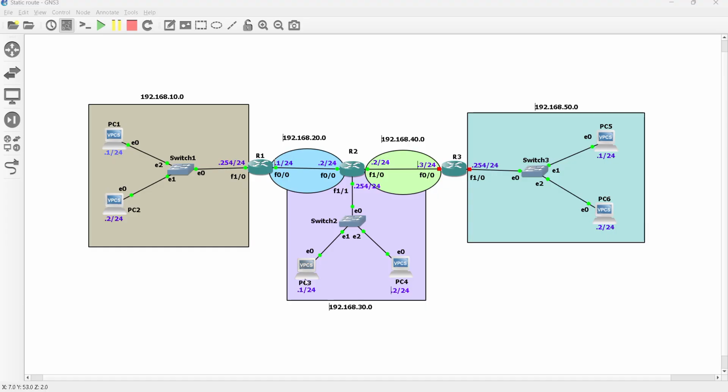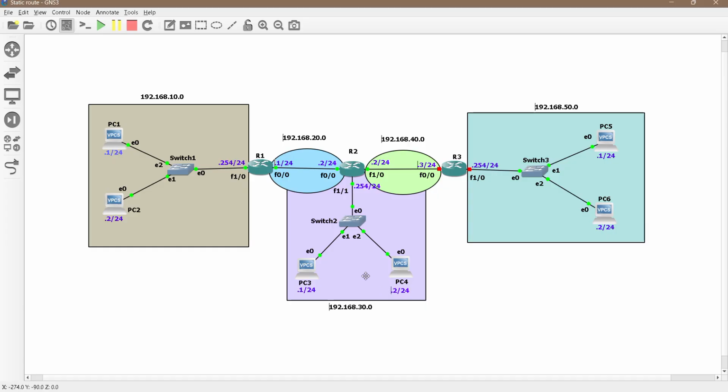After that we have our LAN 2 having network 192.168.30.0, connected with PC3 and PC4 having network 30.1/24 and 30.2/24, with a default gateway of R2 FastEthernet 1/1 having network 192.168.30.254/24.